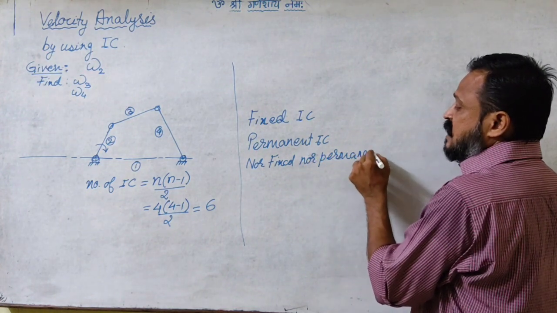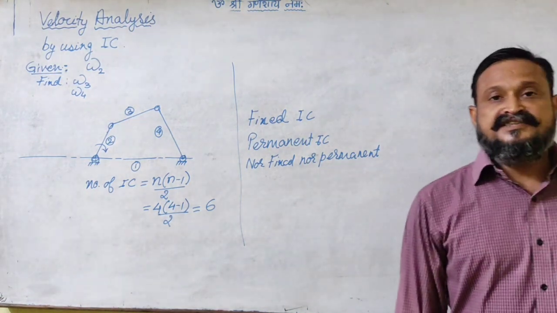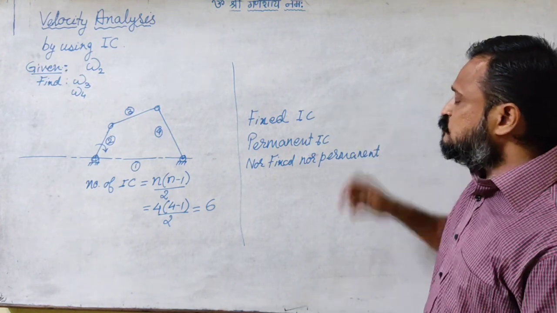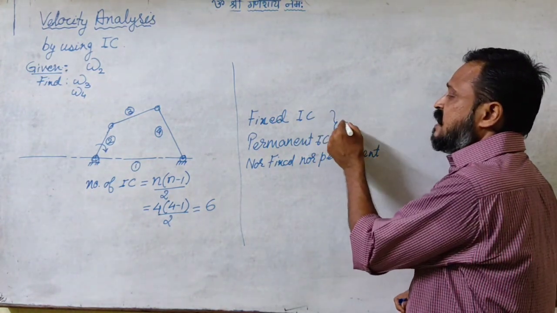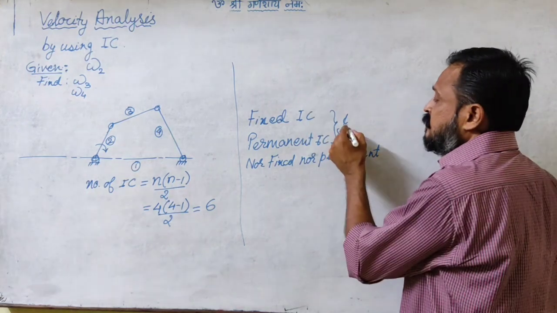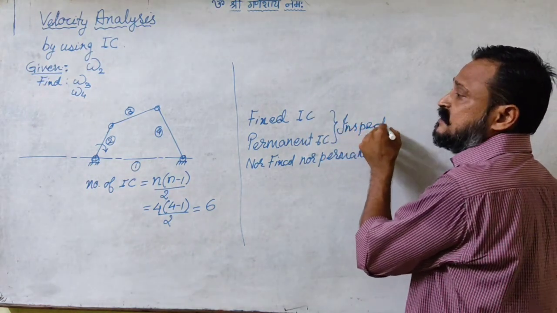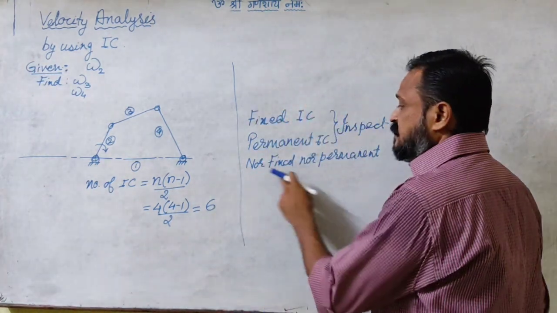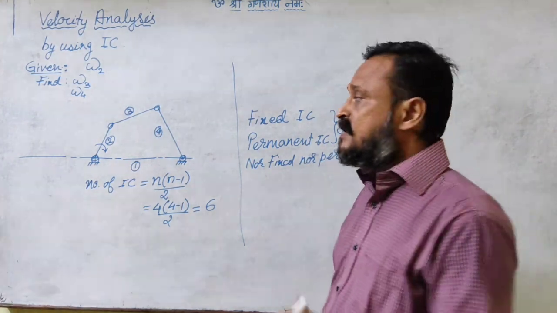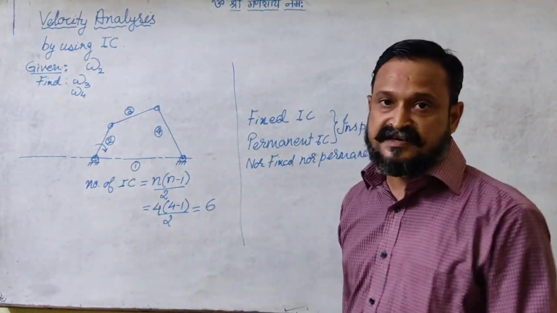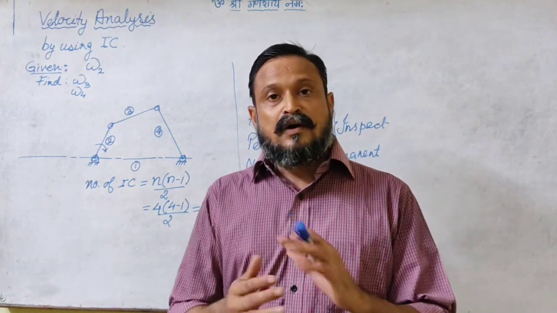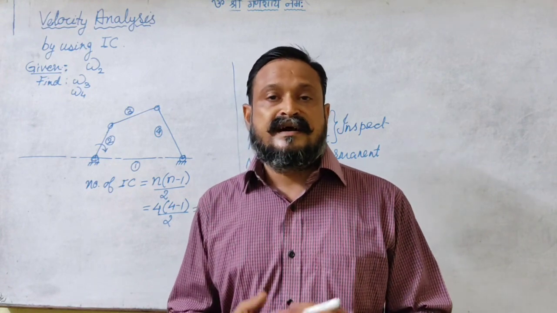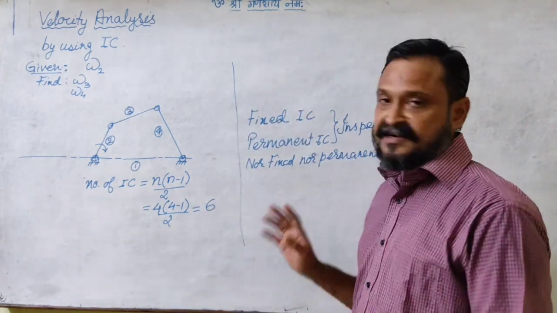So these are the 3 types of instantaneous centers which exist. Now the first 2 types, the fixed and the permanent, are determined by inspection. If we inspect the given mechanism, we can locate those instantaneous centers, and those which are neither fixed nor permanent, we have to locate with the help of certain construction, or at that time we will invoke the Aronhold-Kennedy theorem to determine the rest.